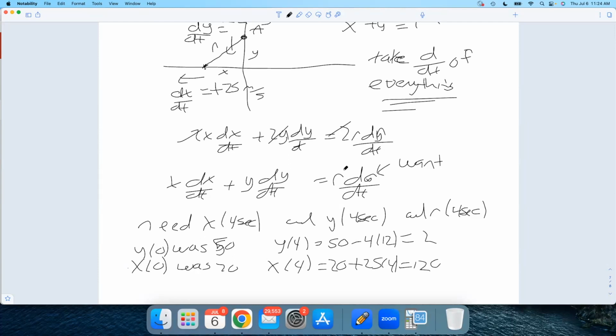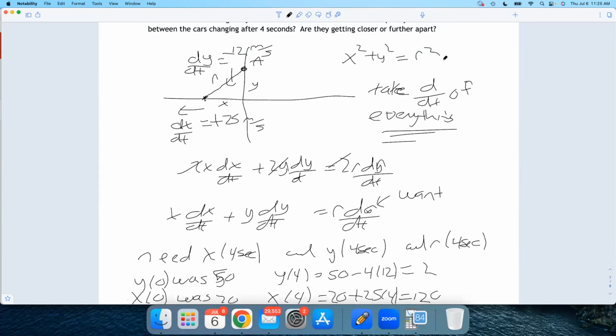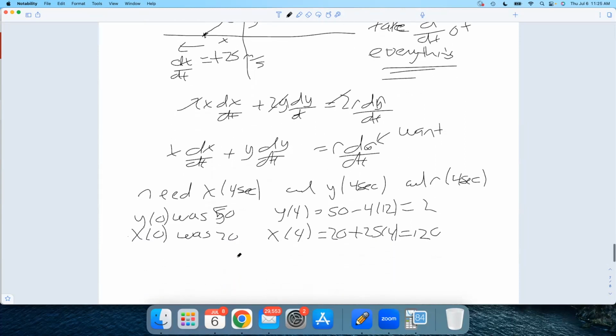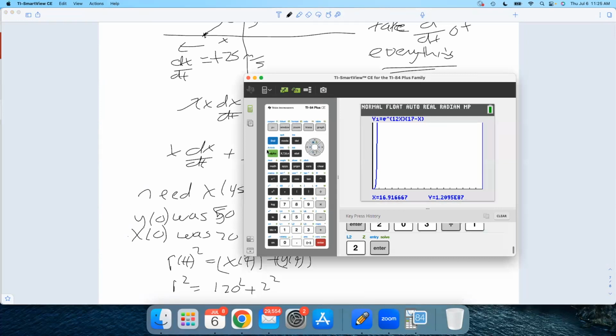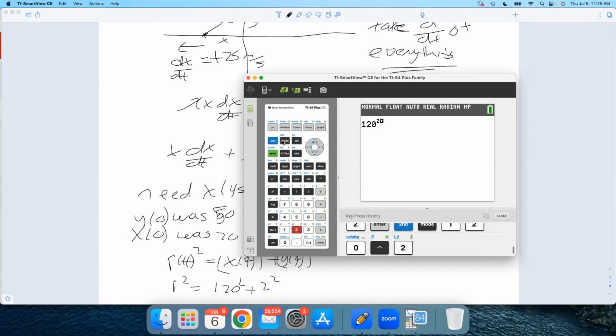How am I going to find r at that time? Well, I know at any point in time, x squared plus y squared equals r squared. So r at 4 squared will be x at 4 squared plus y at 4 squared. So r squared equals 120 squared plus 2 squared. And we'll get our fancy calculator out here. 120 squared. 2 squared is 4.